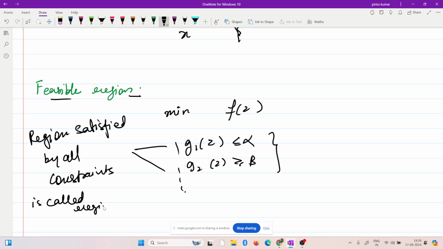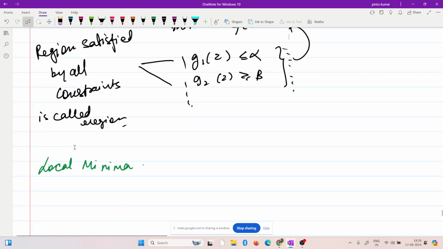In short, it is the portion in which you should search for your minimum, this optimal value. So this is the region in which all your constraints are satisfied, and so you should look for the solution only within this region. Okay. This is your feasible region.